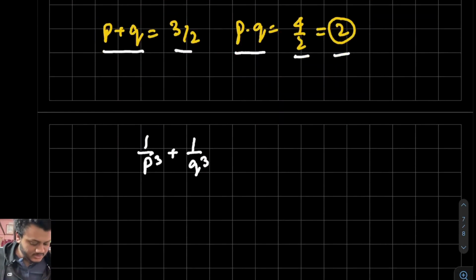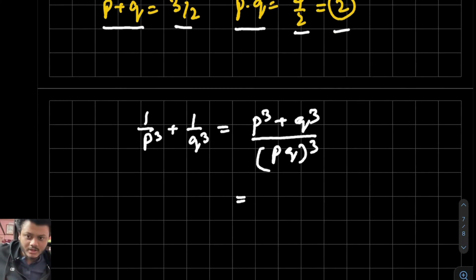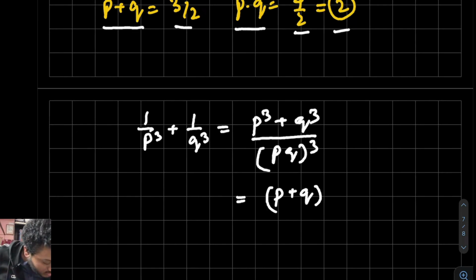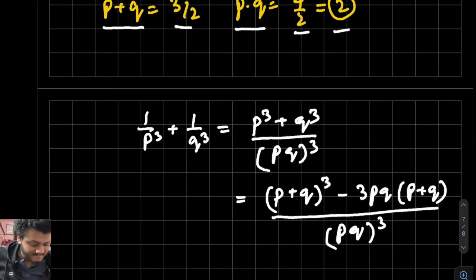Okay, so this is the expression we need to find. We can just say that p cube plus q cube divided by pq whole cube. We already know that p cube plus q cube can be written as p plus q whole cube minus 3pq into p plus q, divided by pq whole cube, right?